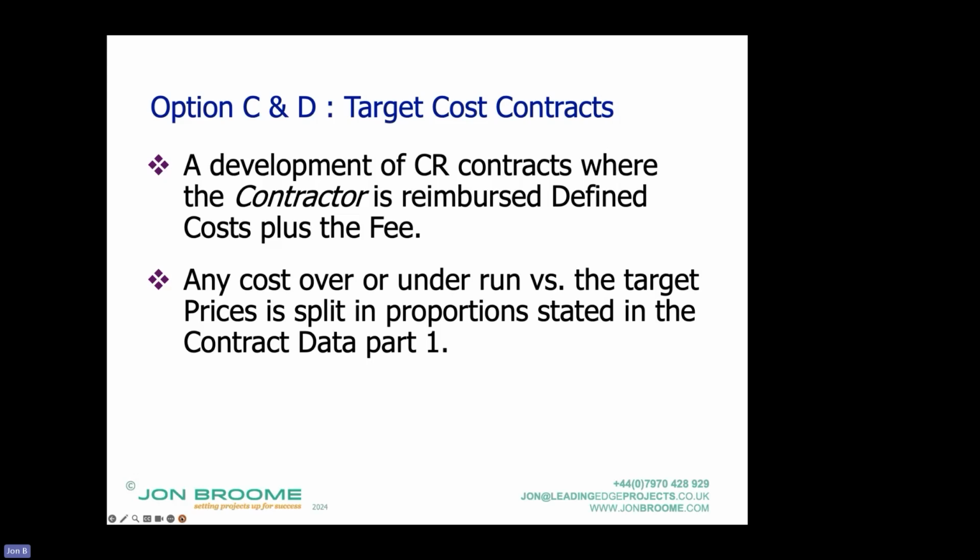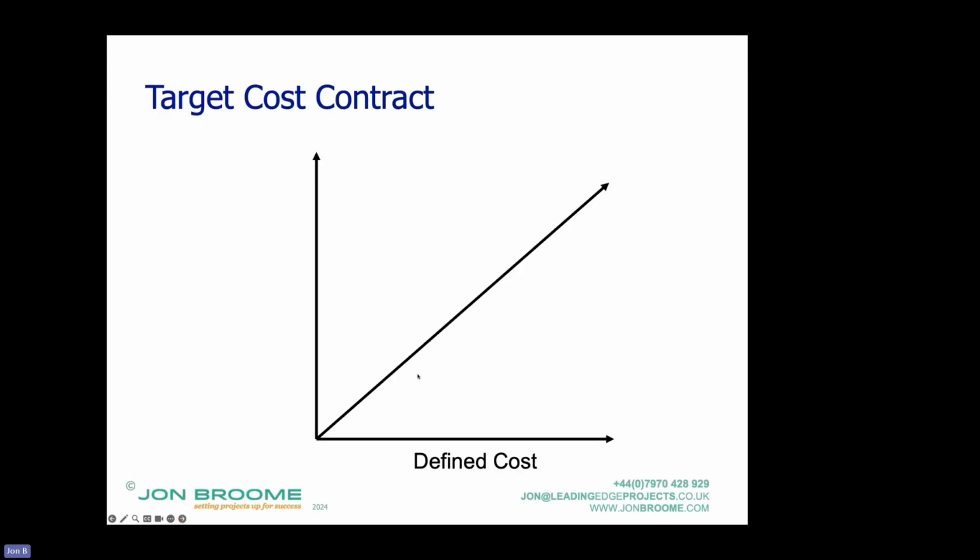So what does that look like? Here's the defined cost plus fee line. We have a target price here, which is negotiated, tendered competitively, built up on an open book basis, often in frameworks. And we have a 50-50 split.